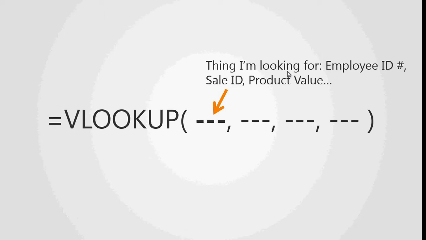What you're doing here in the first position is saying, this is what I need you to find for me. And we'll address this a little bit more specifically here in a second. But the first position is, I need you to find this for me.